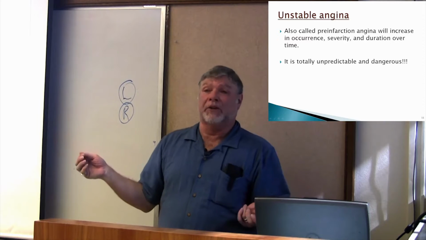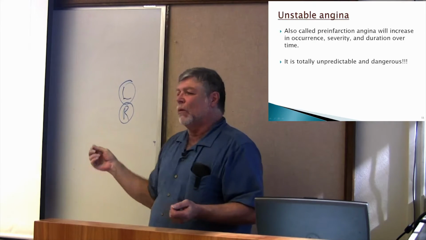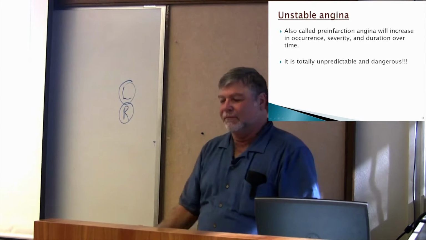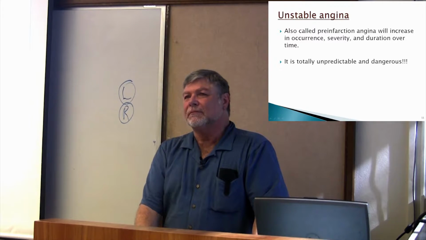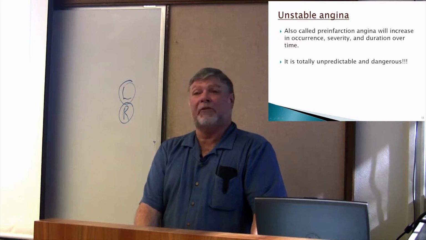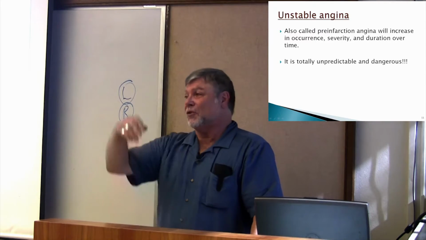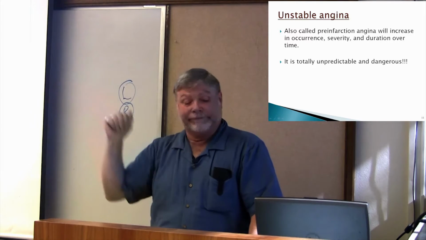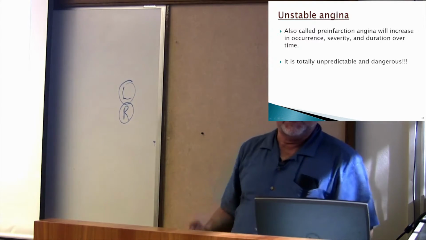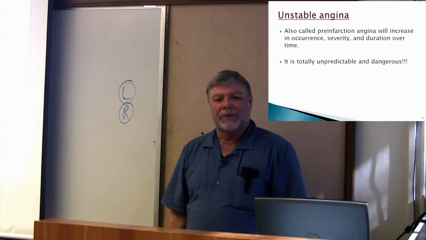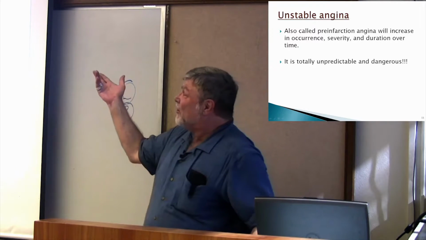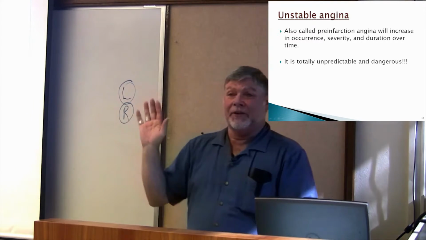Doesn't matter whether he's moving or not. What's the risk with unstable angina? You're going to have a full-blown MI. It may just occlude and stop, which would not be a good day. So it can be known as a pre-infarction.